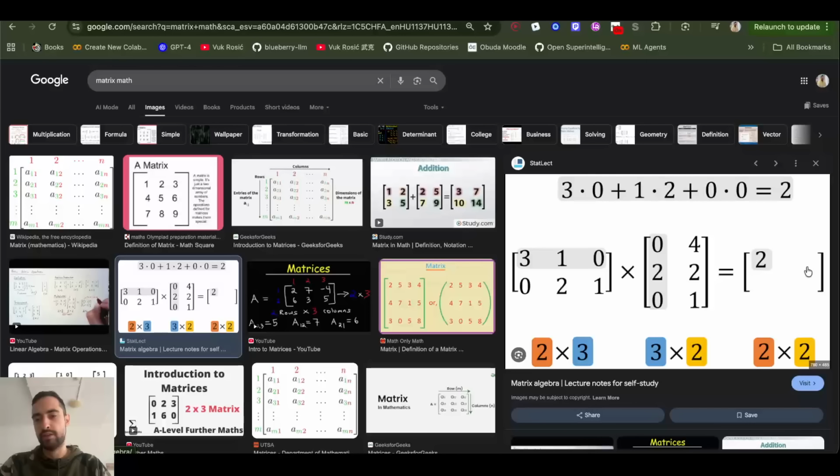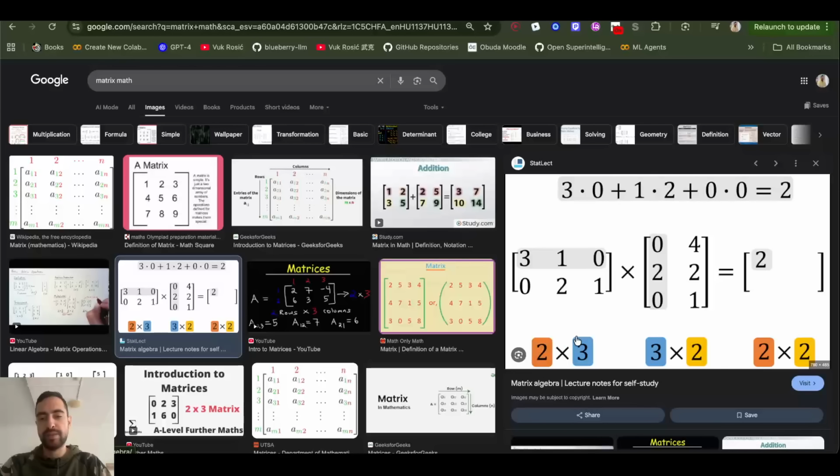And at the end, you will get a matrix that's the size of these outside dimensions. So 2 times 2, because this middle dimension will cancel out. And this middle dimension must be equal. And the outside dimensions don't have to be the same.